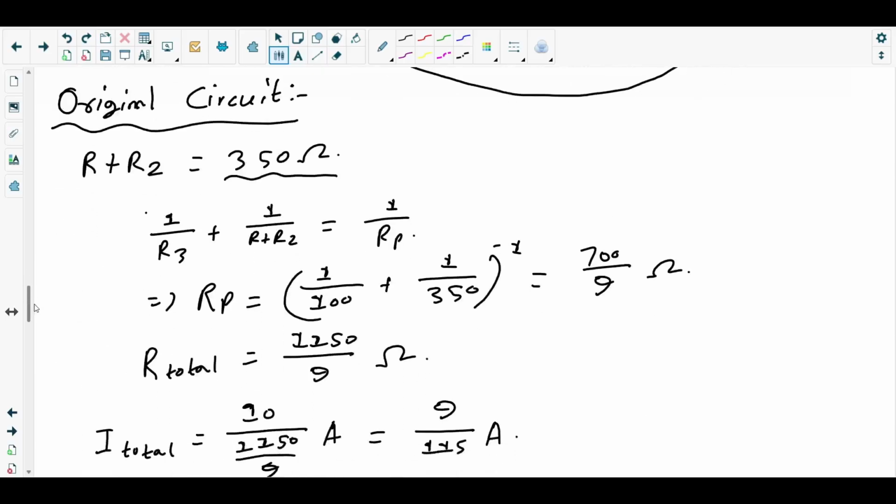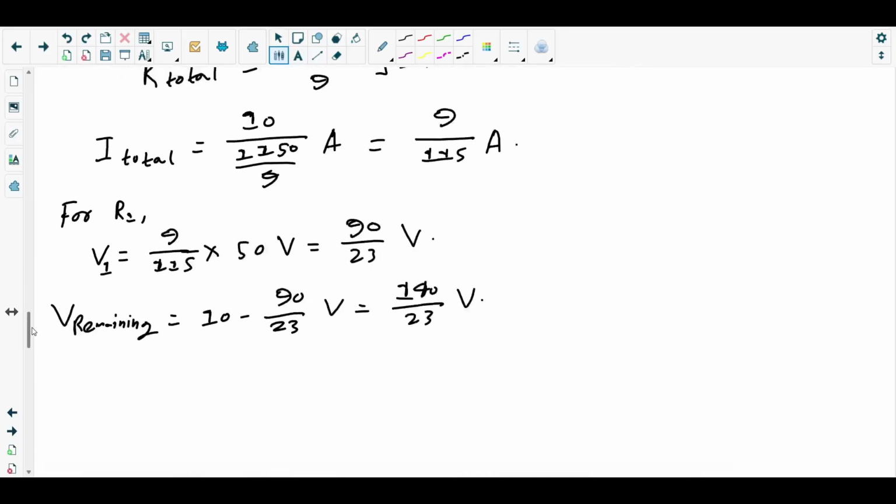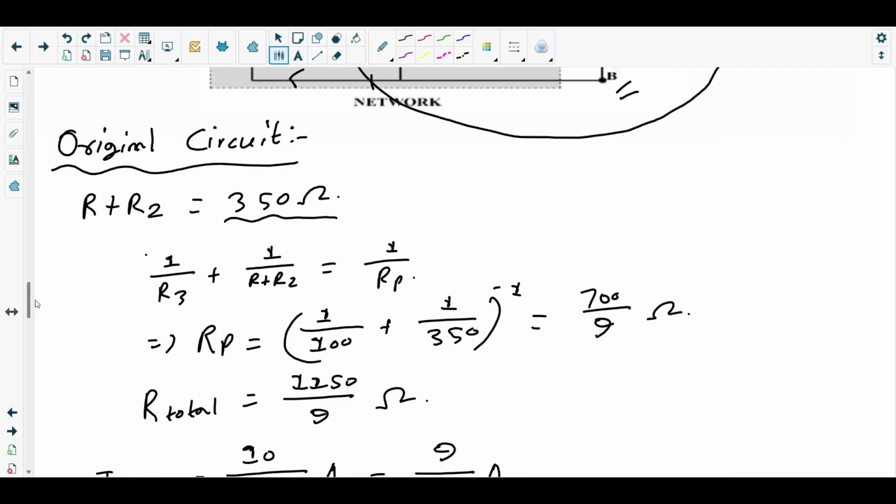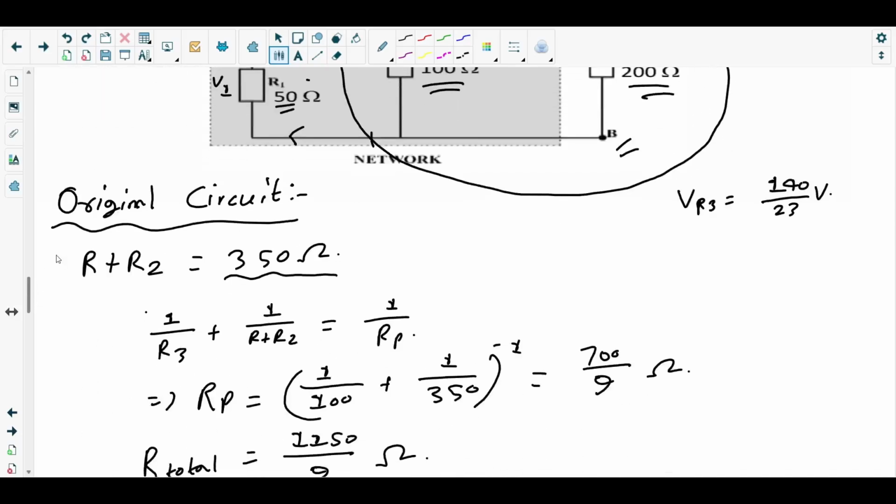Okay, so we got the PD across R3. The PD across R3, V of R3, is also 140 over 23 volt. And the PD across R2 and R is the same, 140 over 23, because they are in parallel.